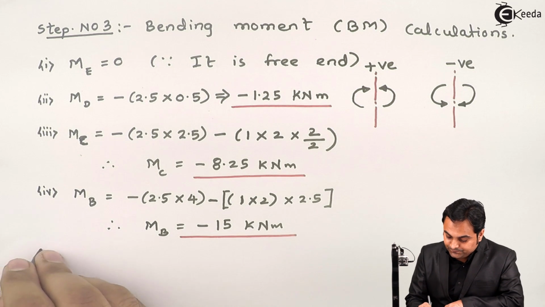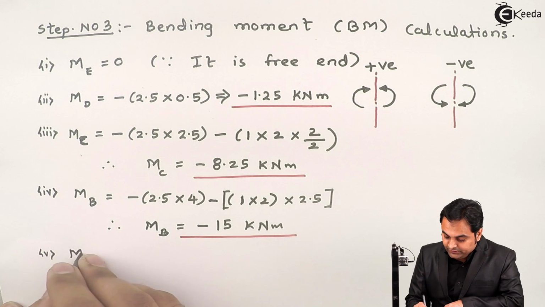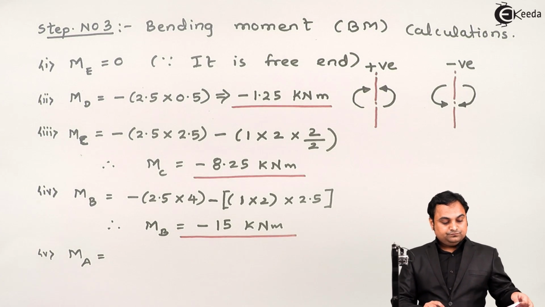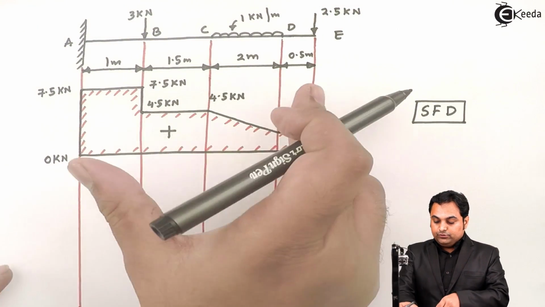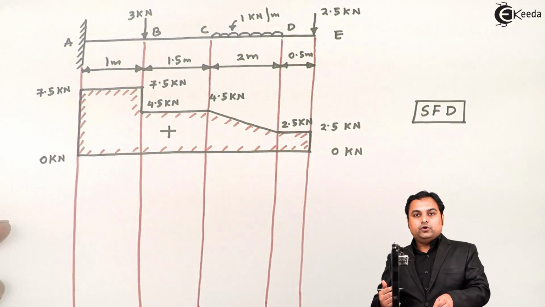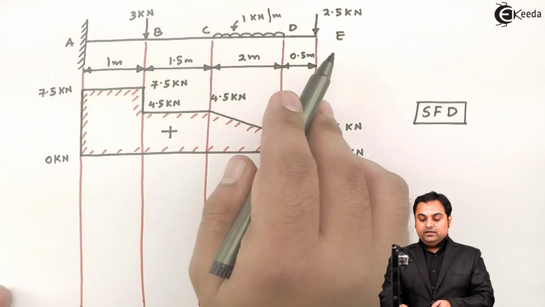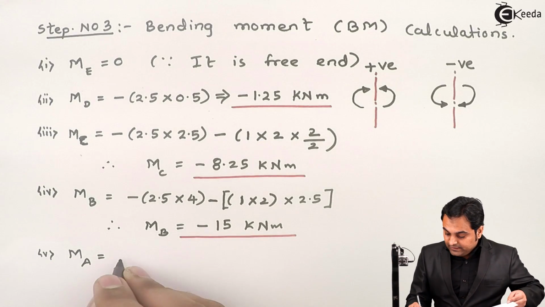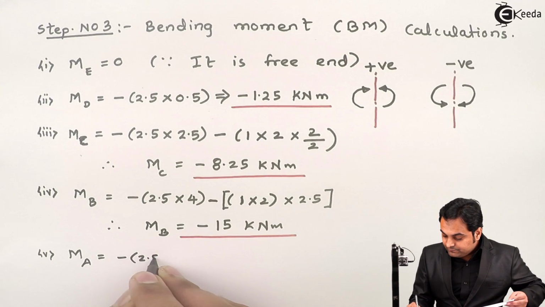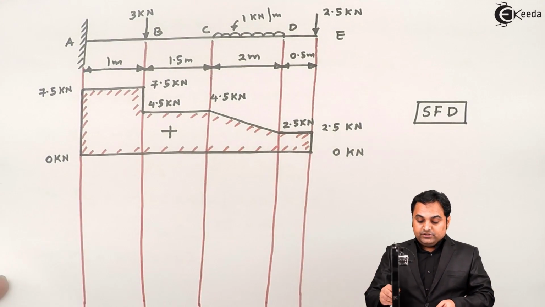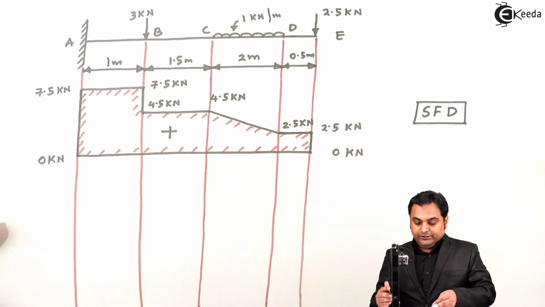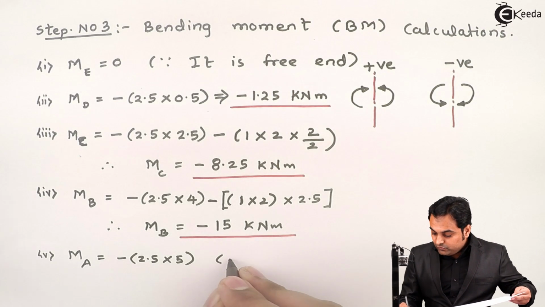After that, moment at point A is equal to 2.5 into the total distance, which is 5, producing clockwise moment on the right hand side of A, so negative, minus 2.5 into 5. Then this UDL into point load, so that is 1 into 2.